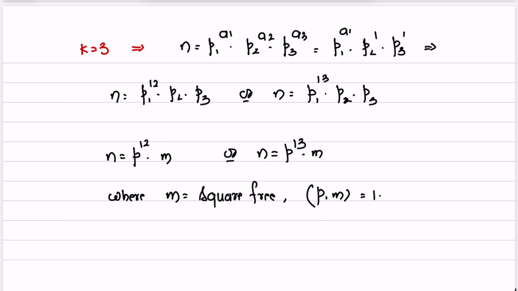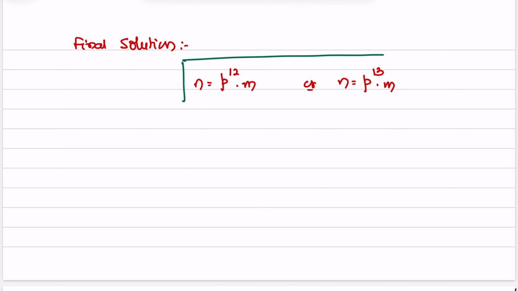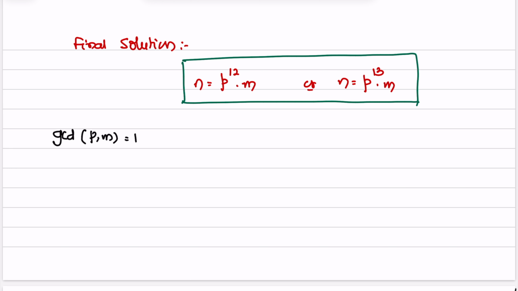Now, what is the solution? The final solution is n is equal to p to the power of 12 into m, or n is equal to p to the power of 13 into m, under the condition GCD of p and m is equal to 1.